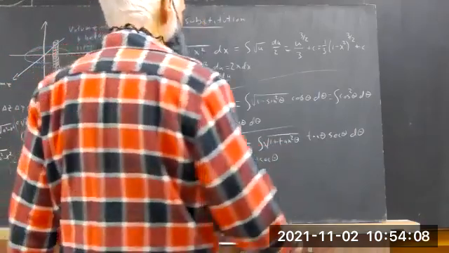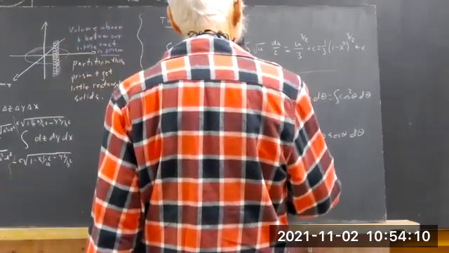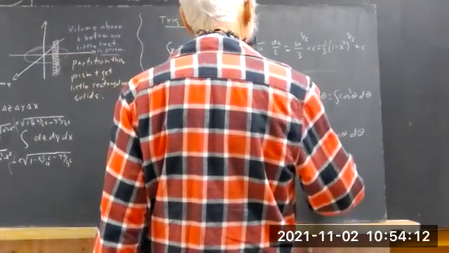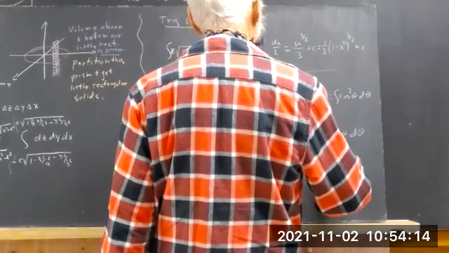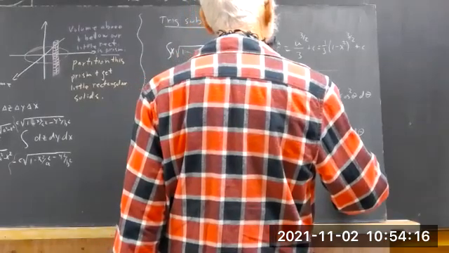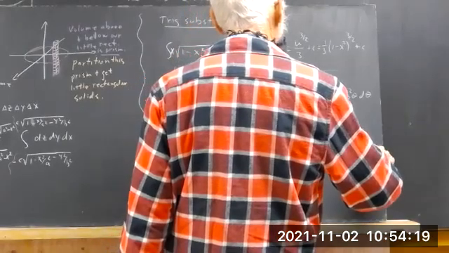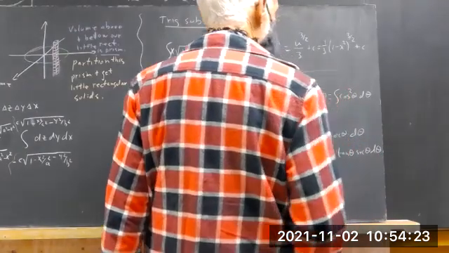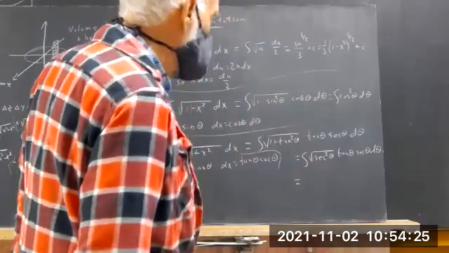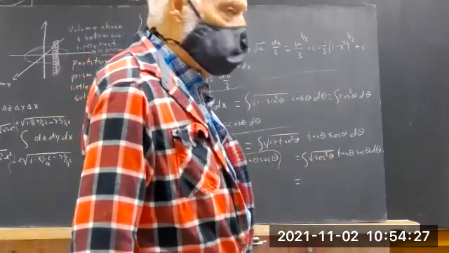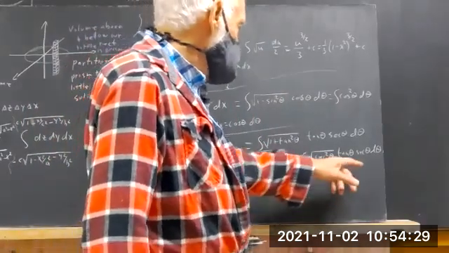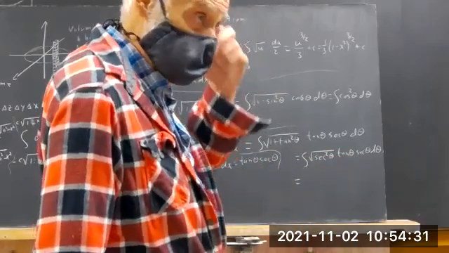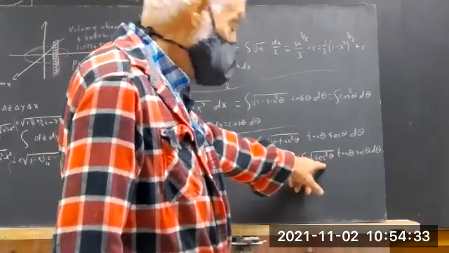Okay. So now you're going to have a tangent times a secant cubed, right? Square root of that's going to be a secant.